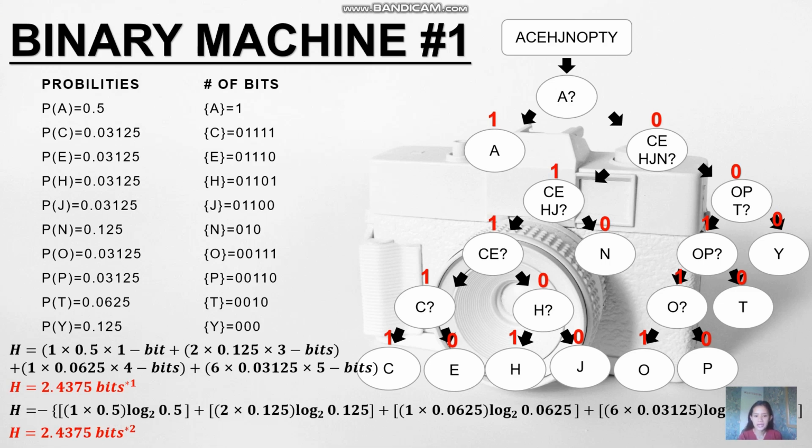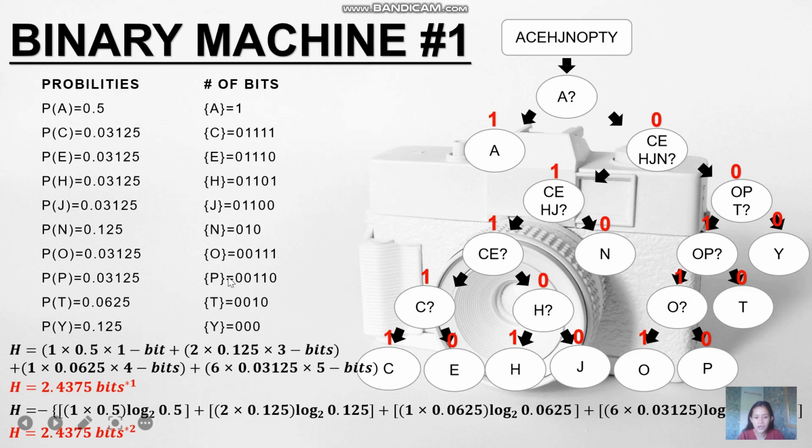And for the N, that will be 0, and then 1, and then 0, so that will be a total of 3. So 2 raised to negative 3 will be 0.125. For the letter O, that will be 0, 0, and then 1, 1, and then 1, so the total number is 5, so that will be 0.03125.